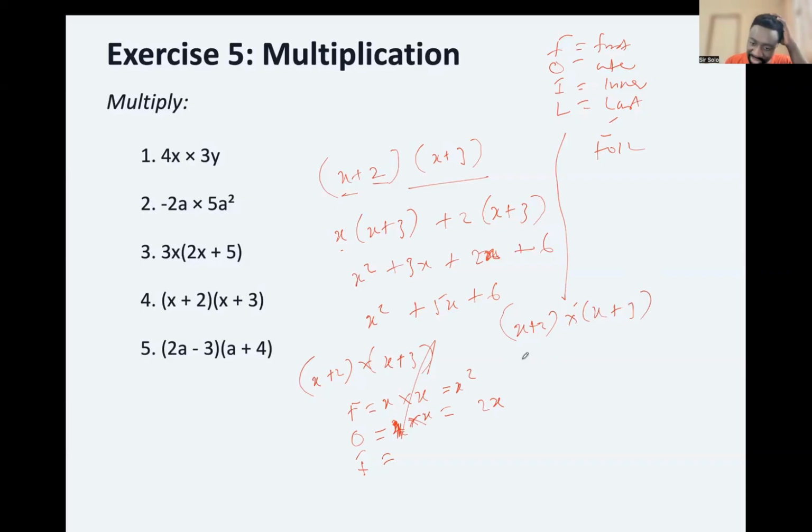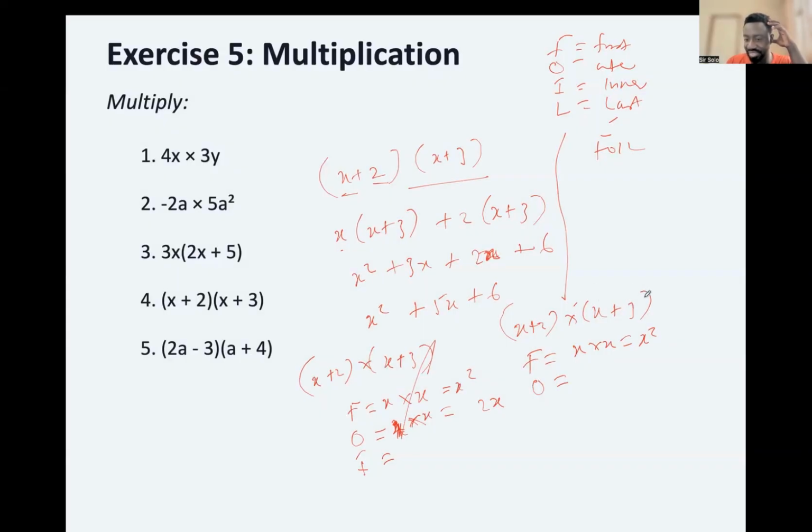First will be x times x, that gives us x squared, and the outer will be x and the 3, so x times 3 gives us 3x. Then the inner will be 2 times x, that gives us 2x. And the last will be 2 times 3.